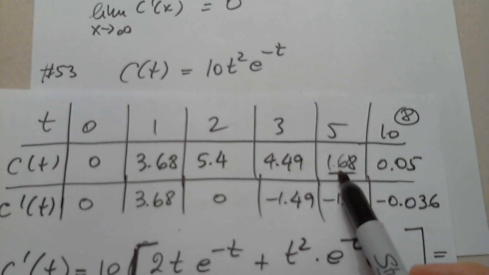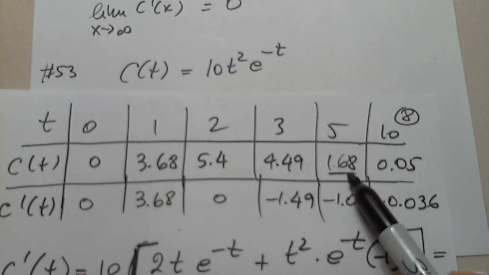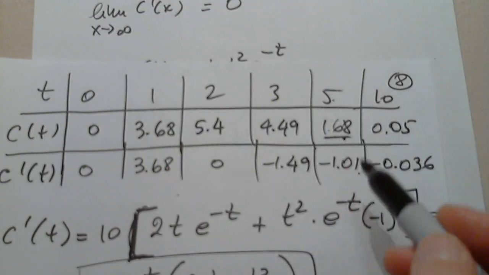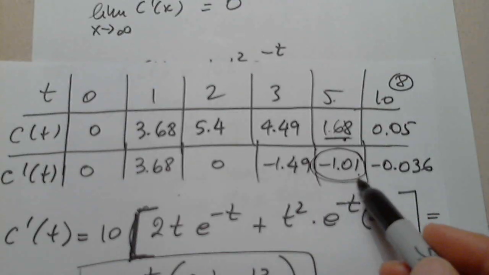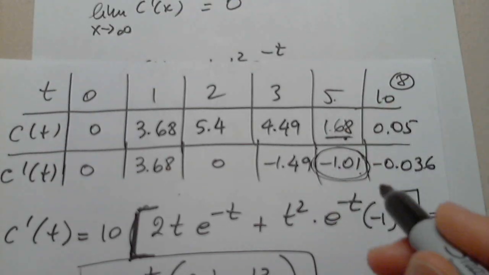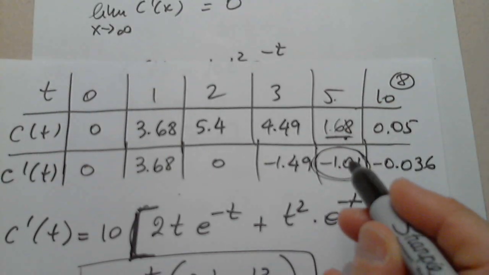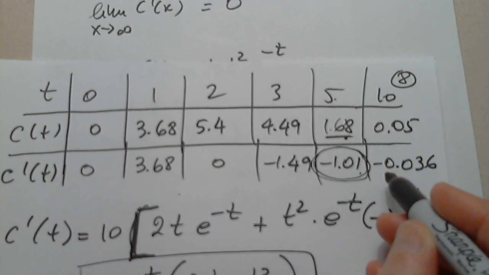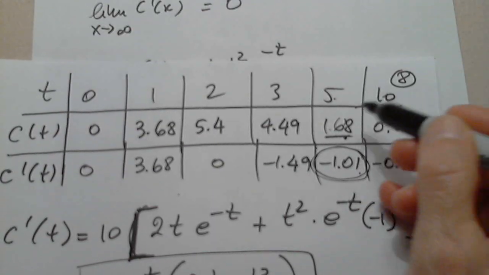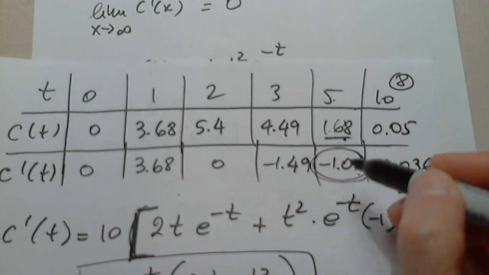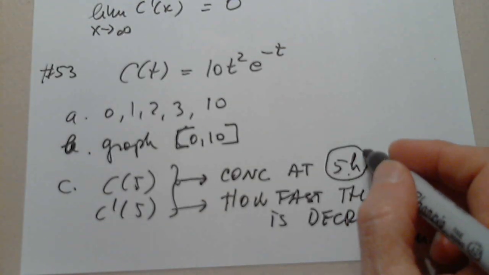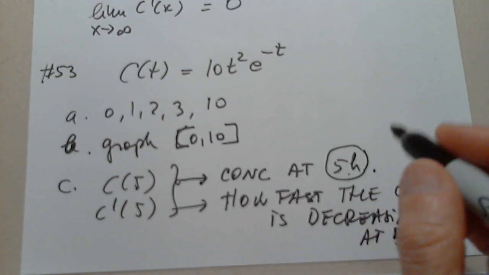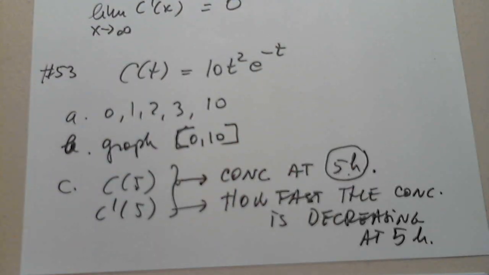So the actual concentration in the bloodstream was 1.68 parts per million. At that moment, 5 hours after we took the medication, the concentration in the bloodstream is decreasing by 1.01 parts per million. That's the difference between these two. C of 5 is what was remaining in the bloodstream after 5 hours after we took the medication.